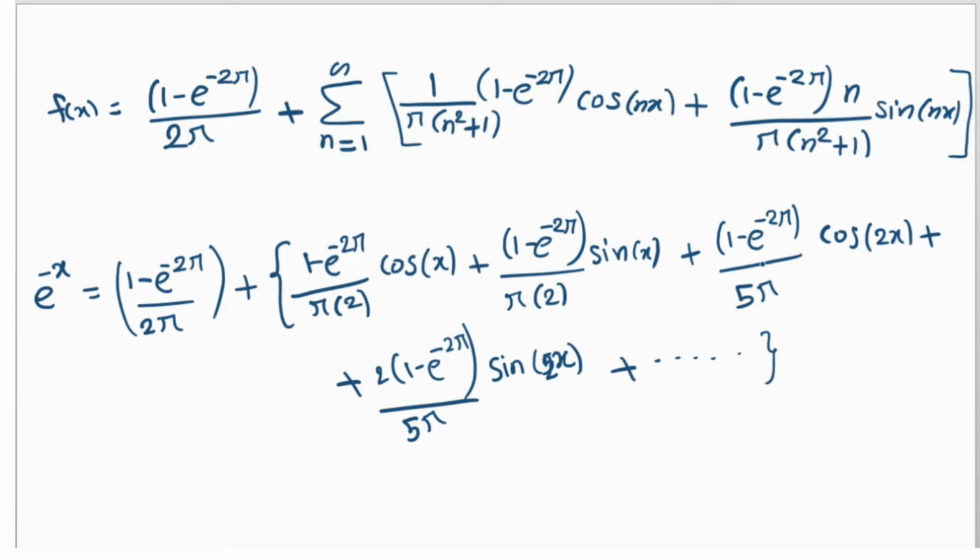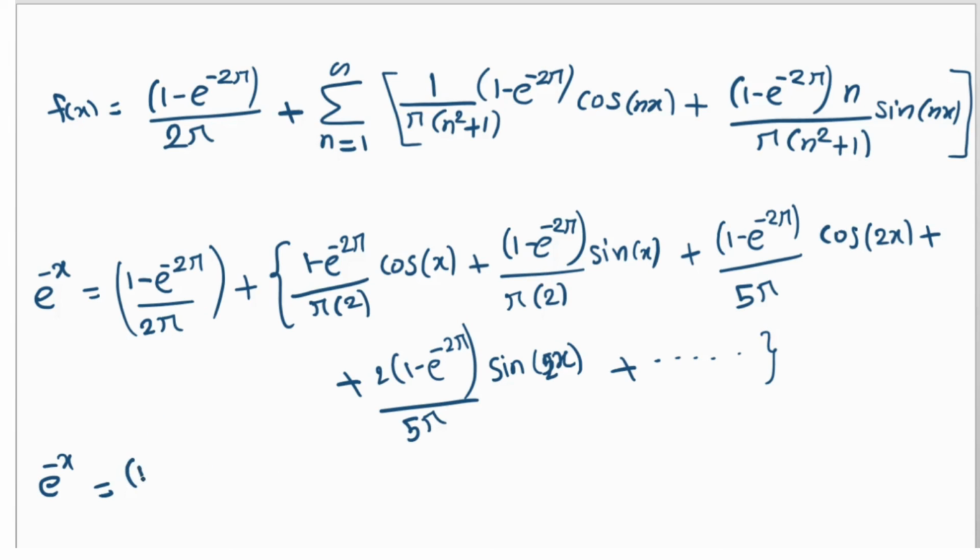Now here, if we write cos term in one bracket and then sin, so the simplified answer of this term is, that bracket 1 minus e raised to the power minus 2 pi is common throughout the terms. So we can take the common term outside, as well as divided by pi is contained in each term.